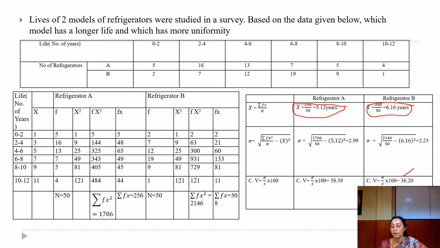Similarly, calculating the standard deviation by this formula, we get 2.99 years as the standard deviation for refrigerator model A, and 2.23 years as the standard deviation for refrigerator B.